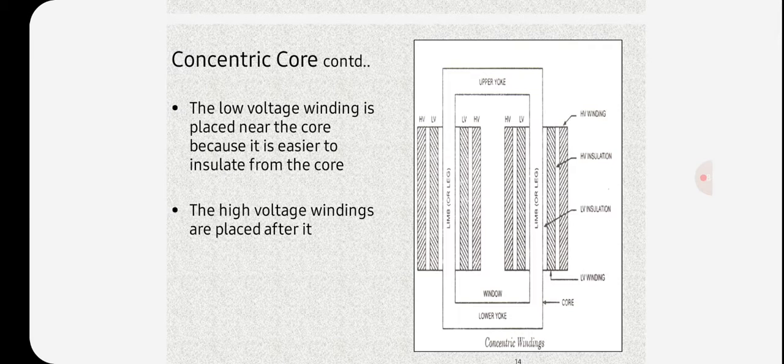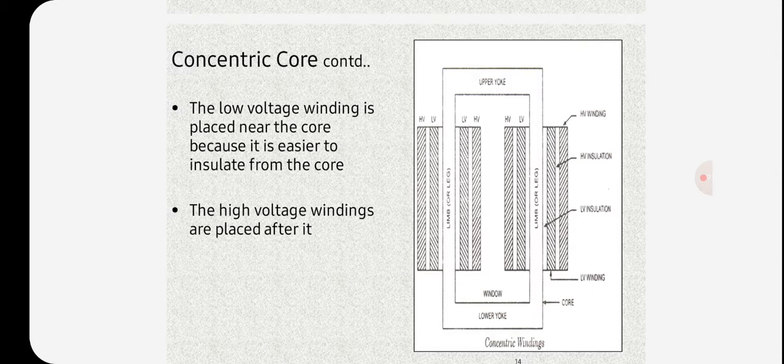The cylindrical winding is layered type and is made up of turns helically wound around with the turns close to each other. Hence, the height of the winding is equal to the height of the limb.